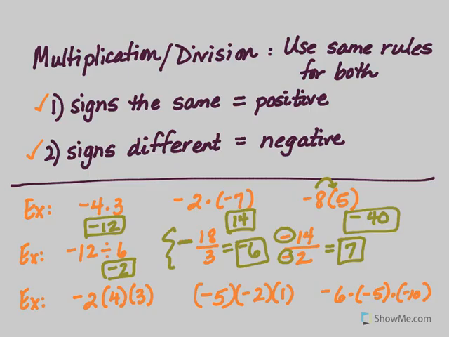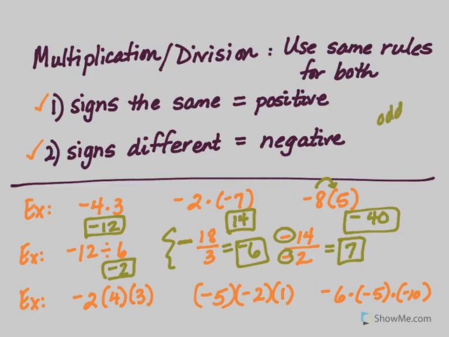Okay, in the last row, this is where we're multiplying by more than two numbers, so we've got to worry about signage always. And there's a nice little rule to follow when you're multiplying with more than two numbers, and that is this. Look at the numbers you're multiplying and count up the number of negative numbers there are. So if there's an odd amount of negatives that you're multiplying together, then you know your answer is going to be negative.